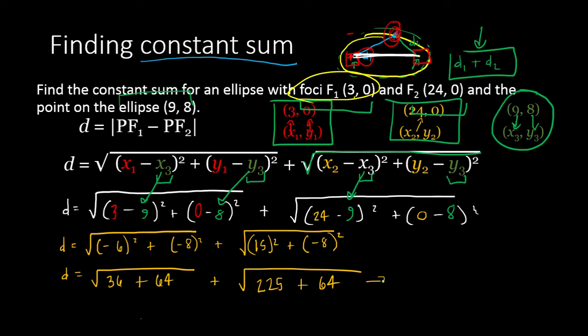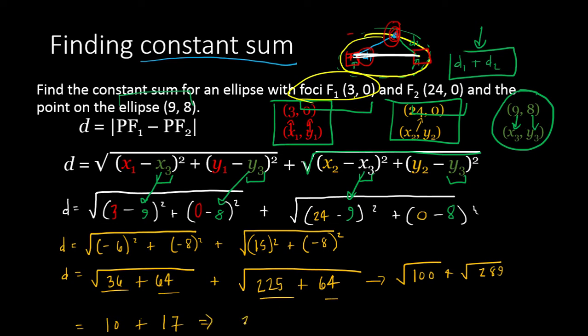Continuing further, this gives me the square root of 36 plus 64, plus the square root of 225 plus 64, which would be 289. The square root of 100, keep going, the square root of 100 we know is 10. The square root of 289 is 17.